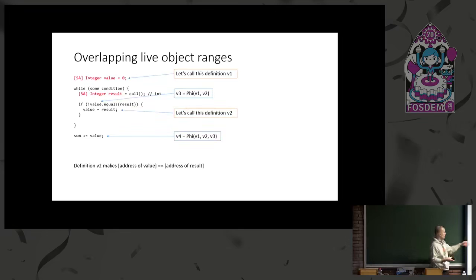So what that definition is, coming back on the second iteration of the loop, will be the address that result was before. But result is stack allocated, so it's always the same address. So all of a sudden, after you first enter this if, you never enter it again.